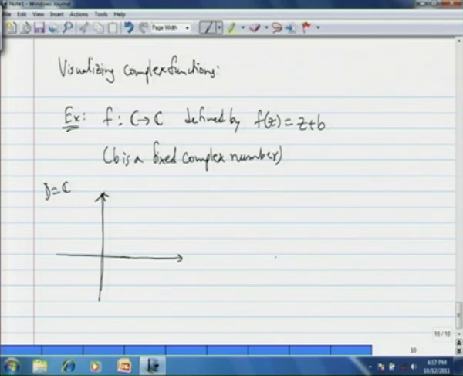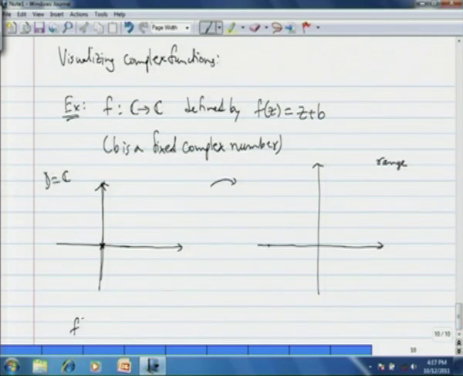And I need another piece of this complex plane to picturize the range, or the output, of this function. If I take the origin, I will use a cross mark to denote it. I can calculate where the origin goes to. f of 0 is 0 plus b, it goes to the complex number b.